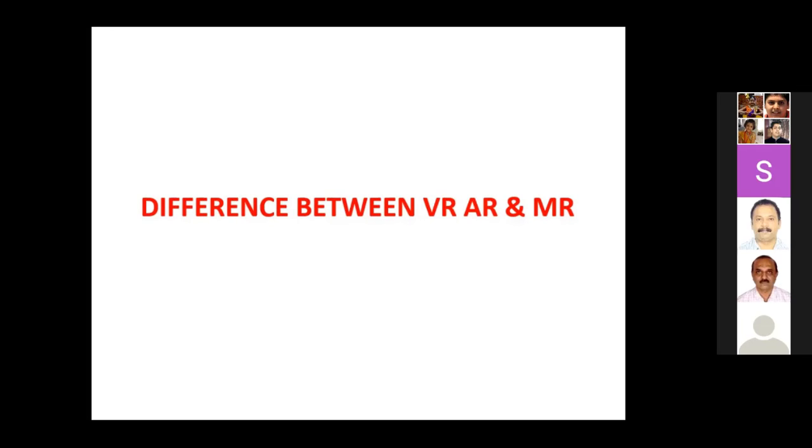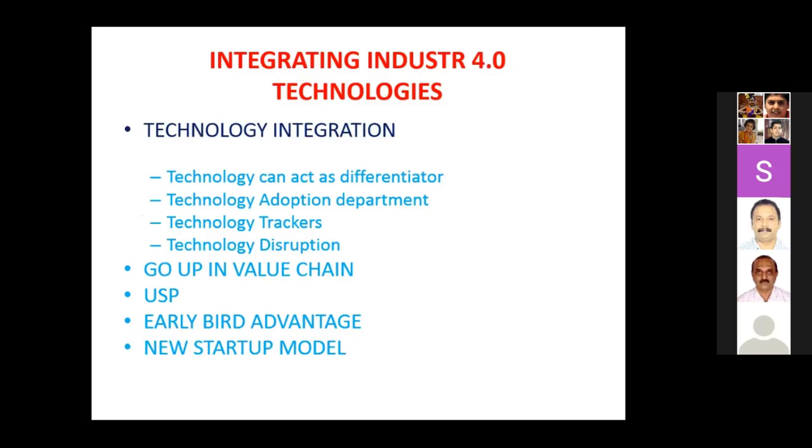But in augmented reality, even 30% of the actual model is sufficient. So that is the advantage with AR. And once we view this AR using the Microsoft HoloLens, it becomes mixed reality, so that the user will be able to touch the data, touch the solid model using Microsoft HoloLens.